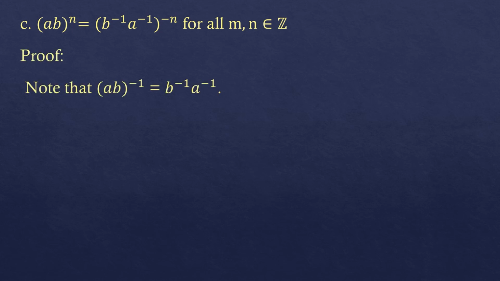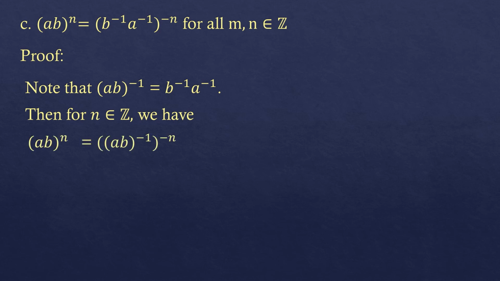So take note that ab to the negative 1 is equivalent to b to the negative 1 times a to the negative 1. Alright, so for n element of the integers, we have ab to the power of n. So we can rewrite it this way. We're going to separate the n into negative 1 and negative n. So it's the same result if you combine them.